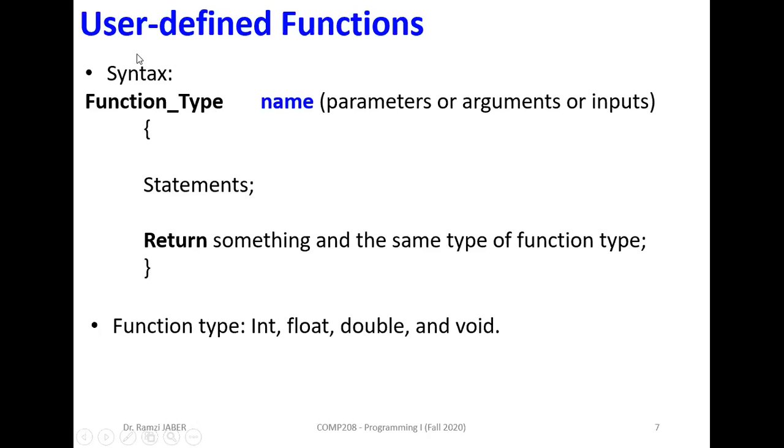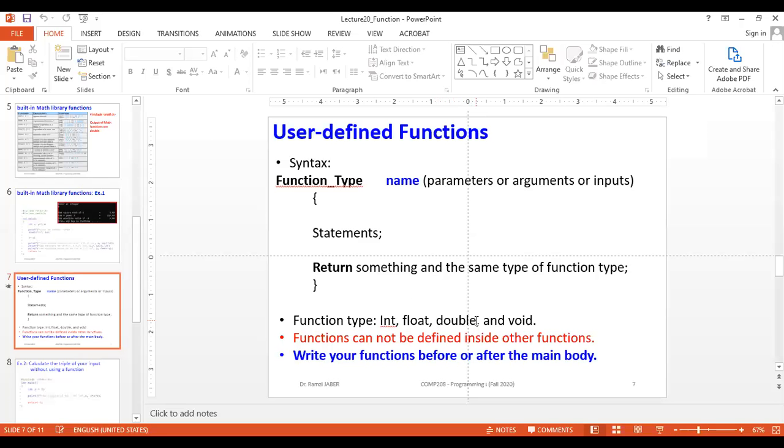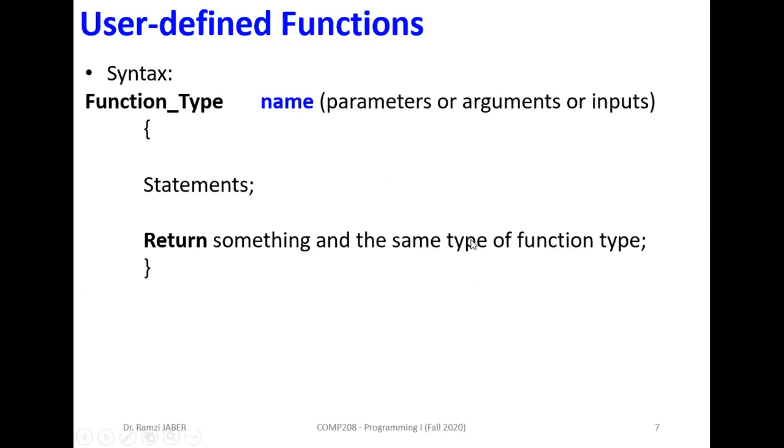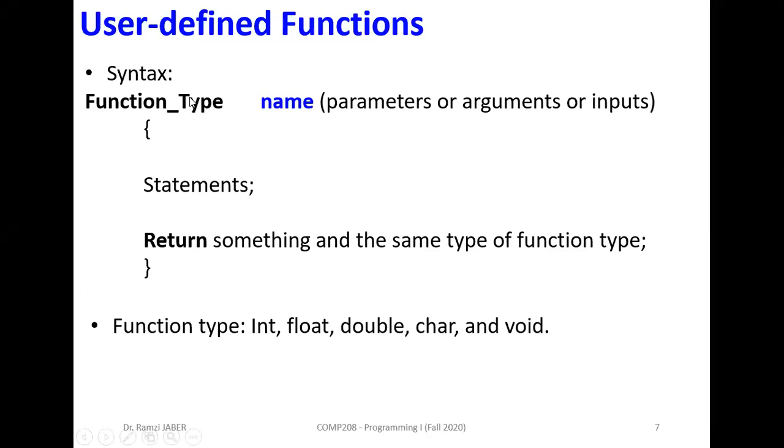We can do a char function. Okay, here a char function, double function, float function, integer function. It must return the same type. Okay, and write your statements here as you want.